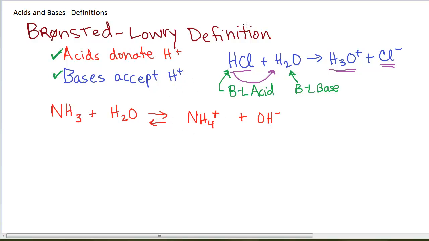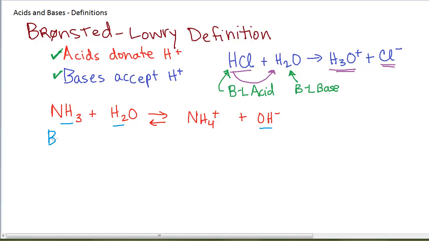But now let's look at it within the context of Bronsted-Lowry acids and bases. Backing up one step, if we look at it in the context of Arrhenius acids and bases, we see that when you put ammonia in water, you get the hydroxide ion. This is an Arrhenius base because it fits the definition we were just talking about.